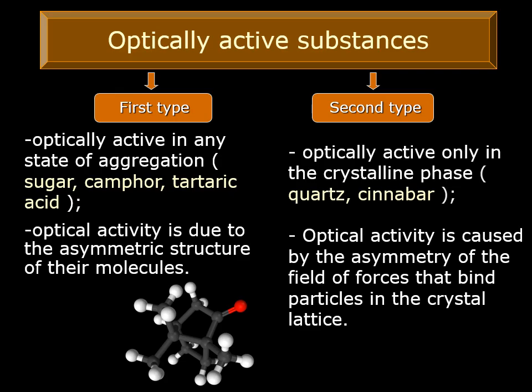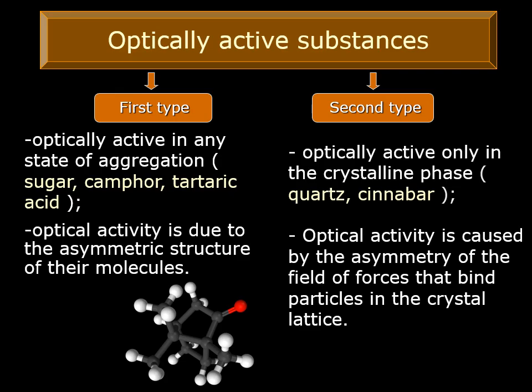So, optically active media, or optically active substances, are divided into two types. The first type are substances that do not lose their optical activity while in any of the aggregate states. That is, sugar in solution, sugar in pores, sugar in a crystal has optical activity.